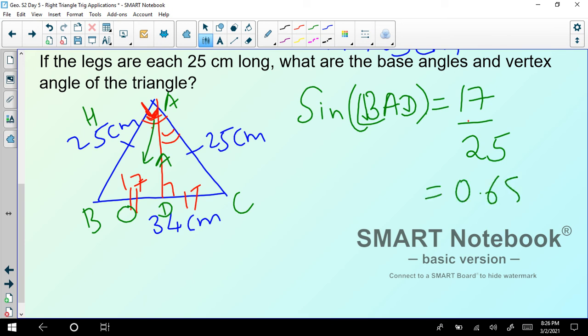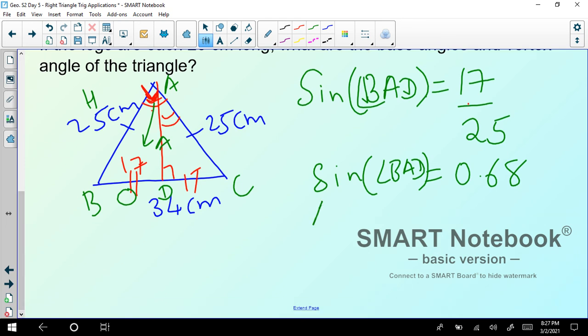Sine of angle BAD is what I am finding. Now I'll get angle BAD by taking the inverse trigonometric function. The definition of inverse trigonometric function says that whenever we have sine x equals A, I can say that x equals sine inverse A. In the same way, angle BAD equals sine inverse of 0.68.